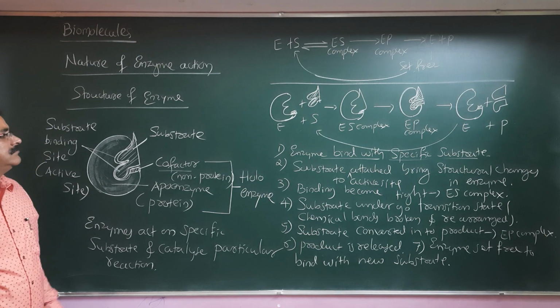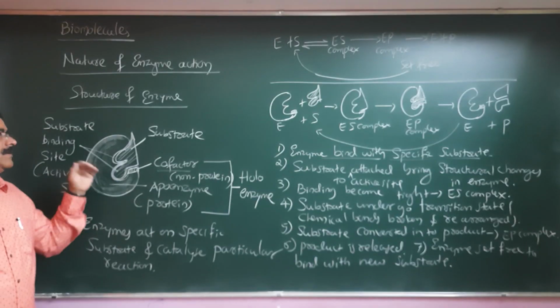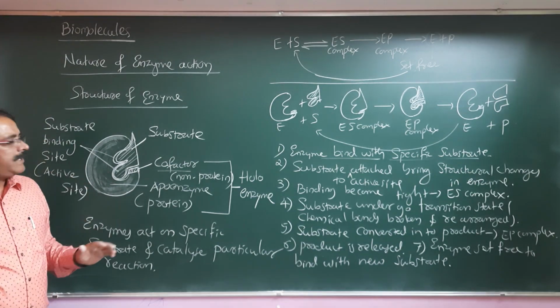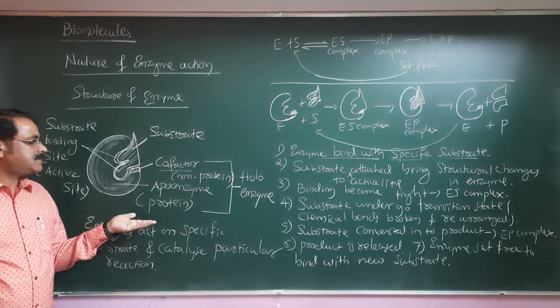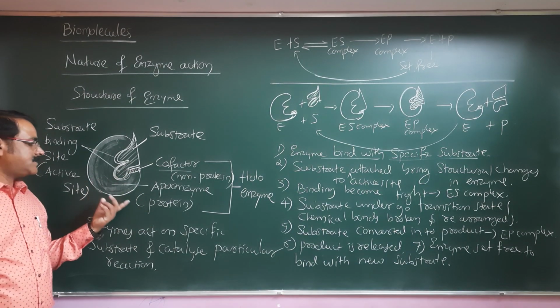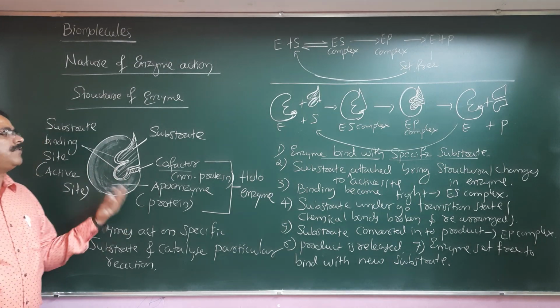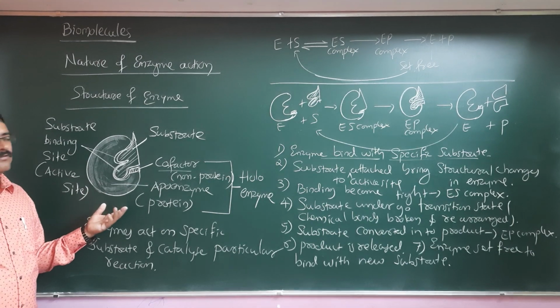Well, so we say that basically enzymes have a particular substrate binding site which we call the active site, and they do have the cofactor, or we call them a coenzyme, plus apoenzyme, the protein part. So cofactor can be non-protein also, it can be metal also, right? It can be vitamin also, fine.